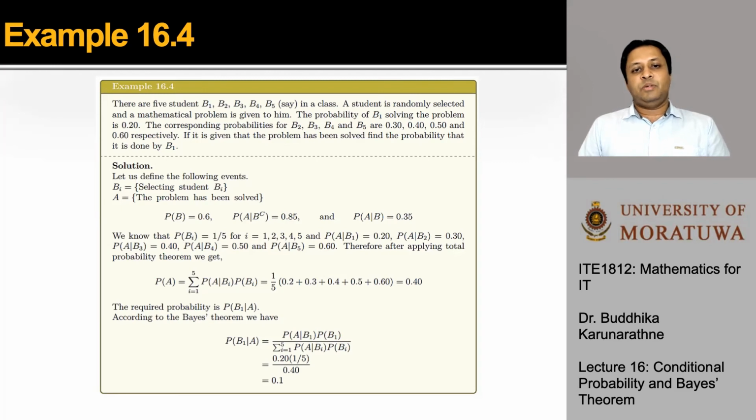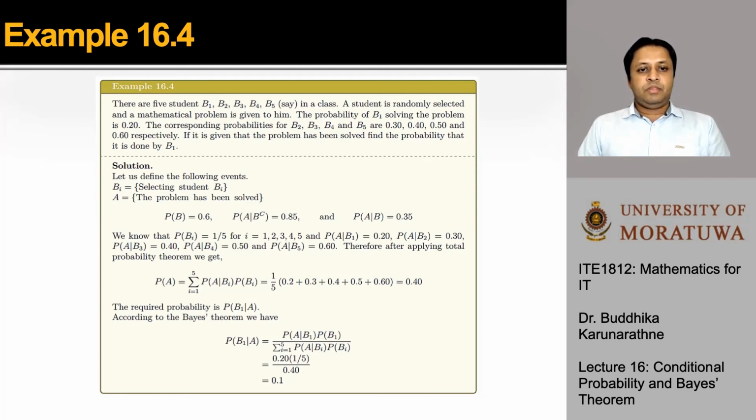Okay, so let's try to apply Bayes' theorem for this purpose. So let's start by defining the following events. Bi is selecting student Bi, and A is the problem has been solved.